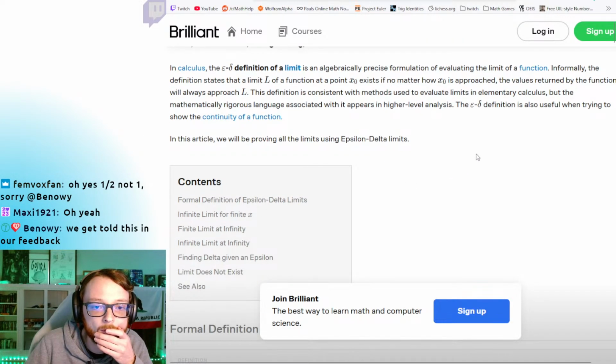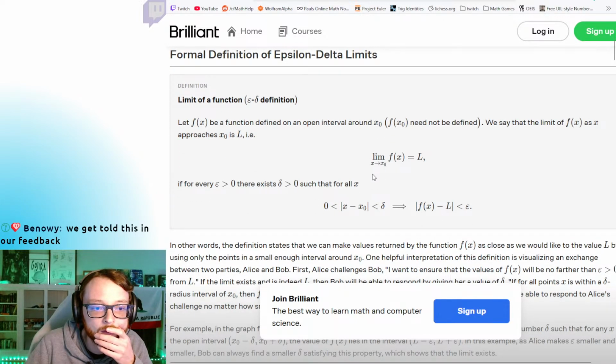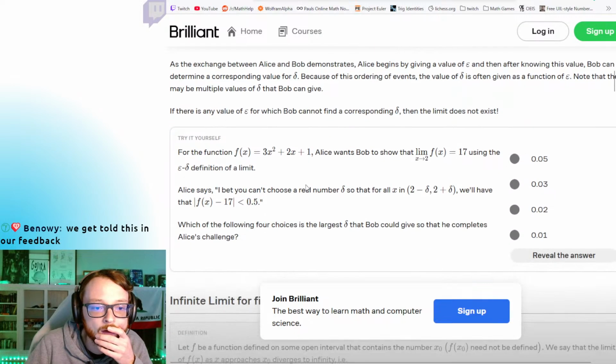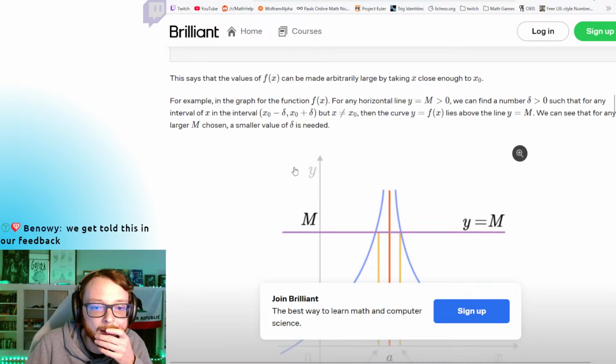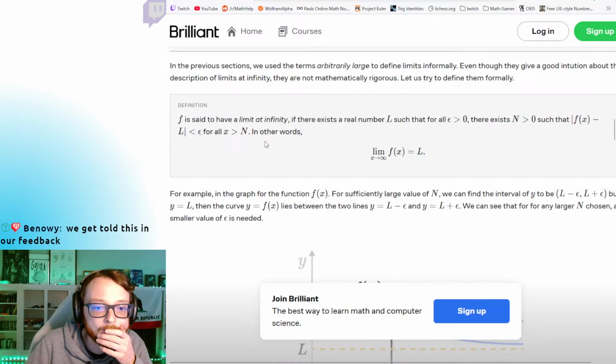I haven't done this one before, but I assume it's not going to be that much different. This is the result being infinite, but I want x to be infinite. Here we go.